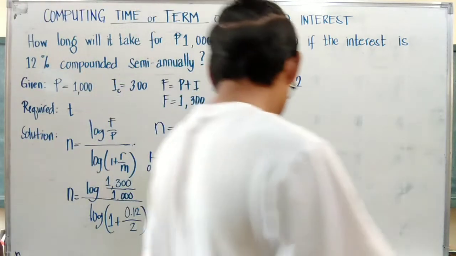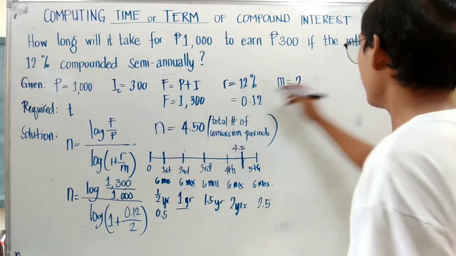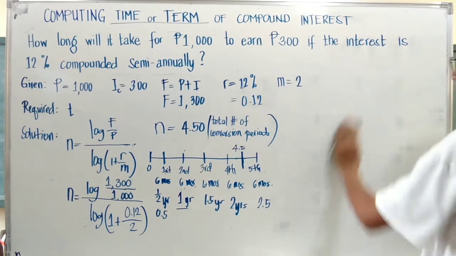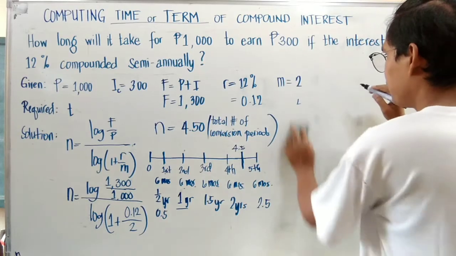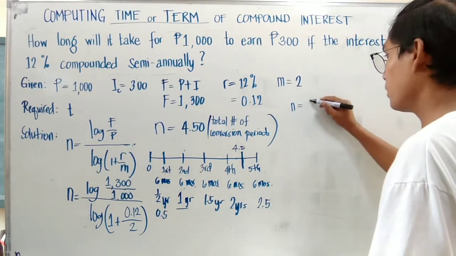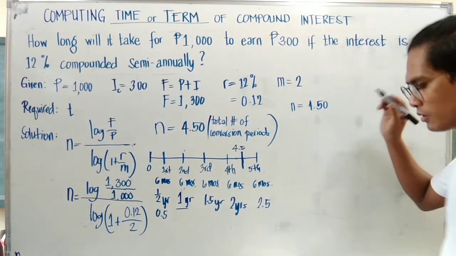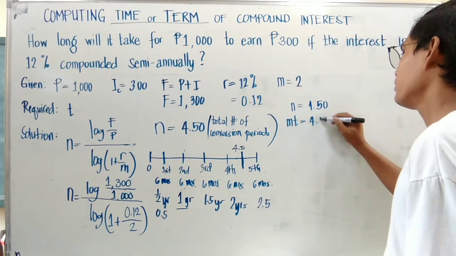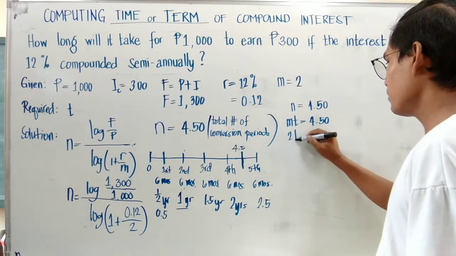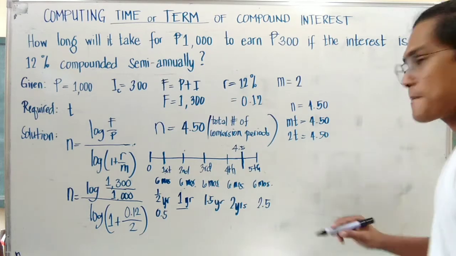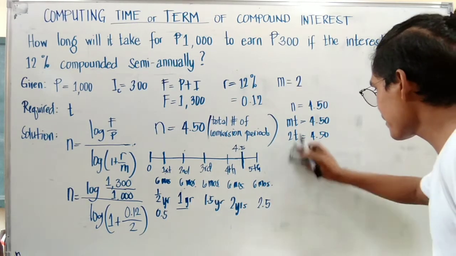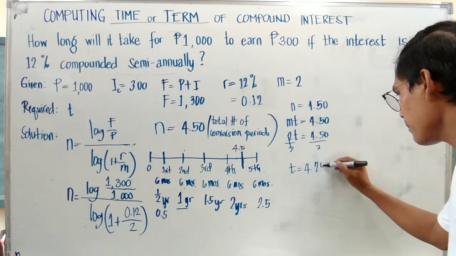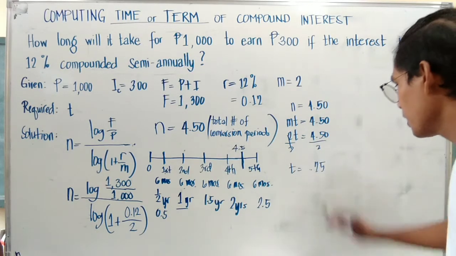So to make the long story short, if we will try to solve for t, where n is equal to 4.5 and m is equal to 2, dividing both sides by 2, we have t is equal to 2.25.